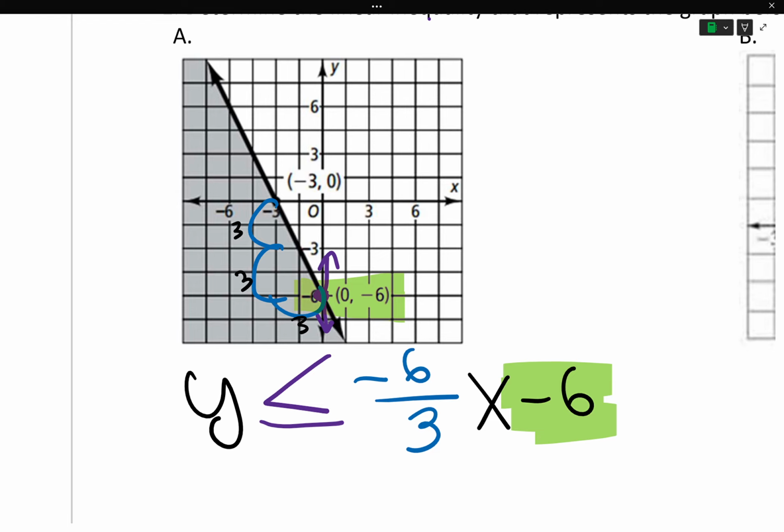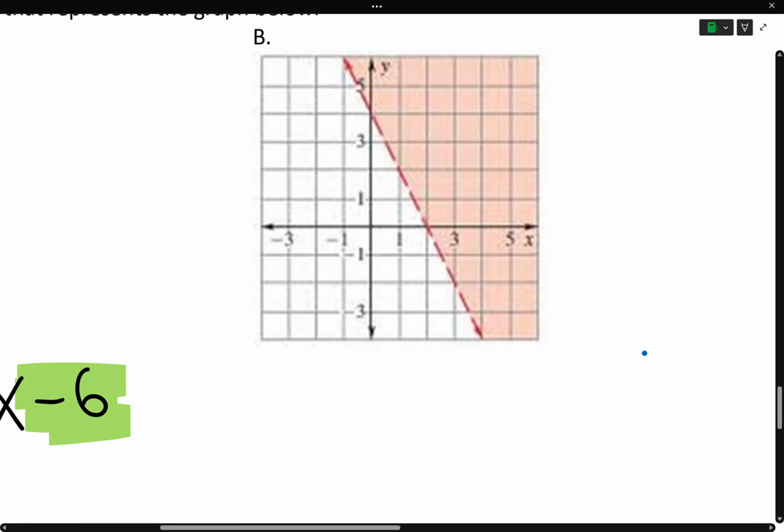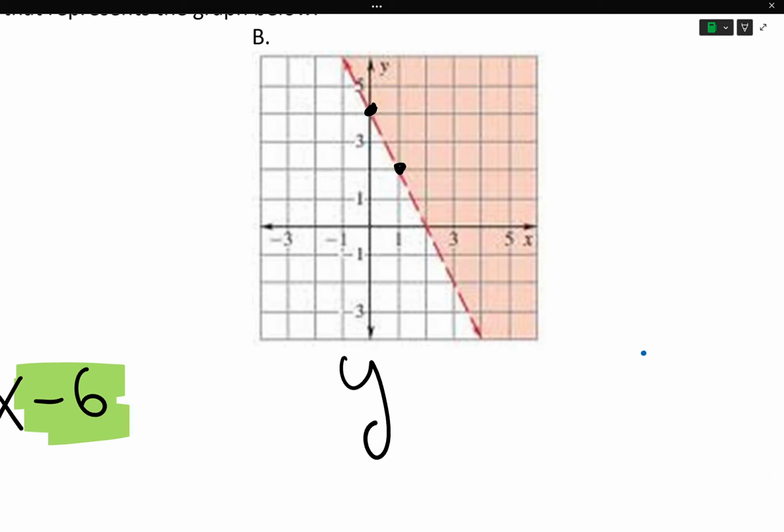All right, let's take a look at B. Let's draw 2 points here. One right there, one right there. Start with a y. It's a dashed line, so I'm not going to have a line underneath it. Am I shading above or below? Looks like it's above, so it's greater than.